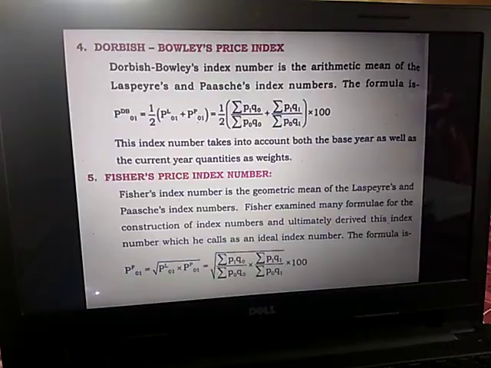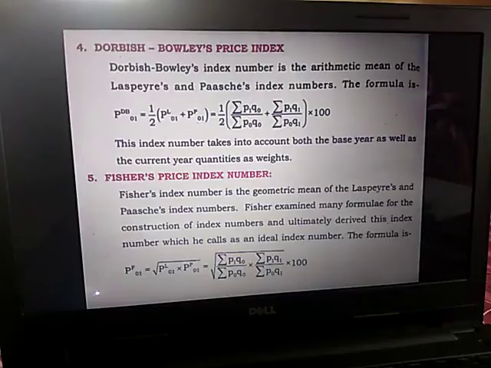The fifth method is Fisher's price index number. Fisher's index number is the geometric mean of the Laspeyres and the Paasche index numbers. Fisher examined many formulas for the construction of index numbers and ultimately derived this index number, which he called an ideal index number. The formula is P superscript F 01 equals the square root of PL01 into PP01.